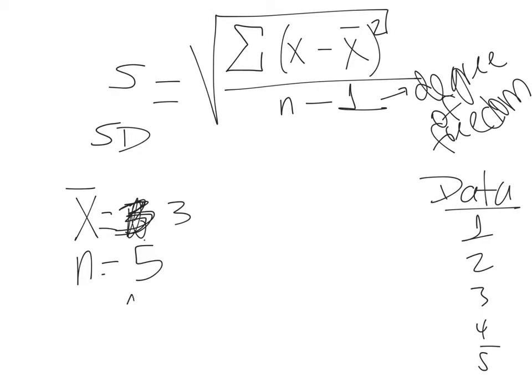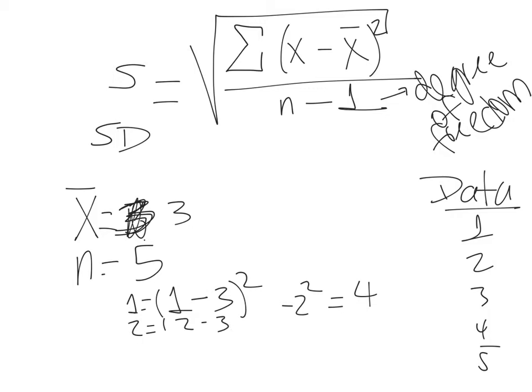For 1, that'll be 1 minus 3 squared. That would be negative 2 squared, which is 4. Then for 2, that would be 2 minus 3, which is minus 1 squared. That would be 1. Okay, so I'm not that bad after all.